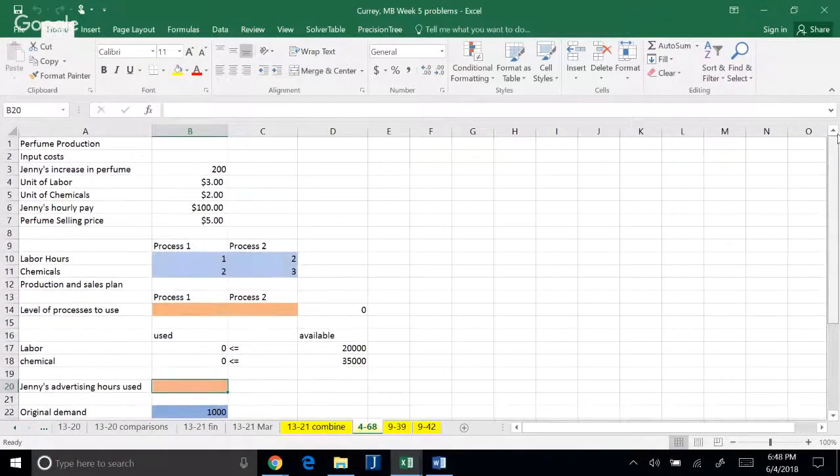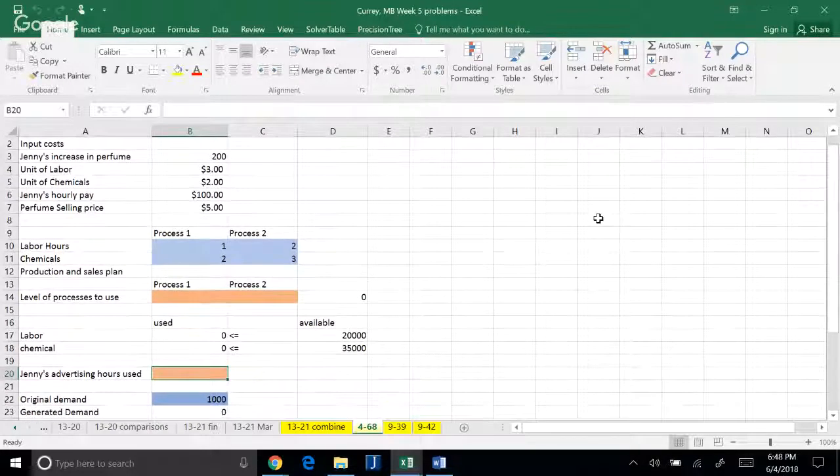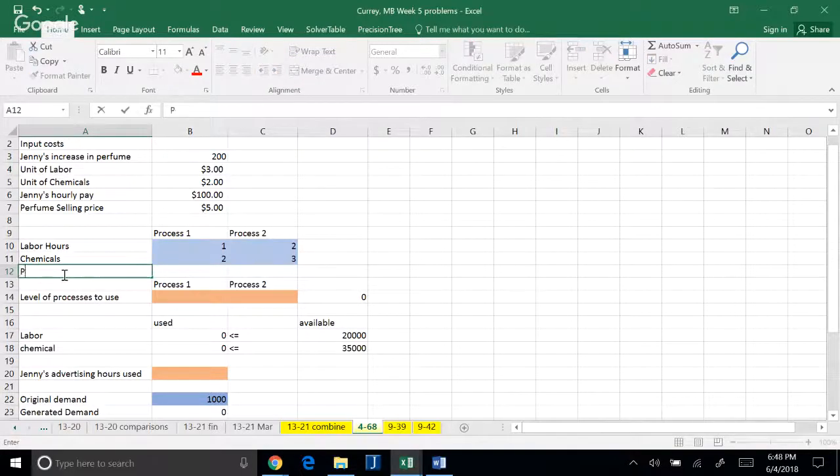Labor hours. Yeah, you're missing a level here, so that should be perfume in ounces. Okay. Because each process produces different ounces. So process 1 produces 3 and process 2 produces 5.